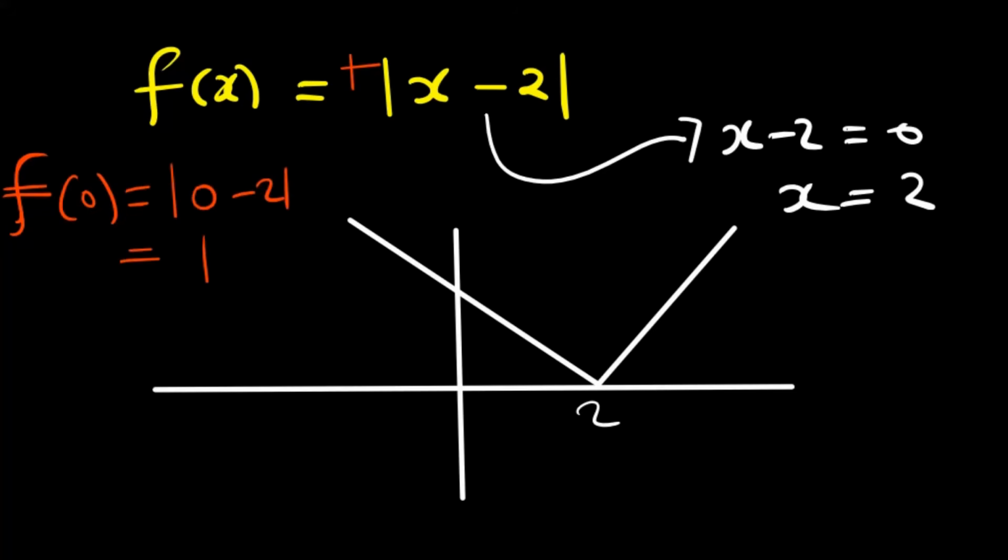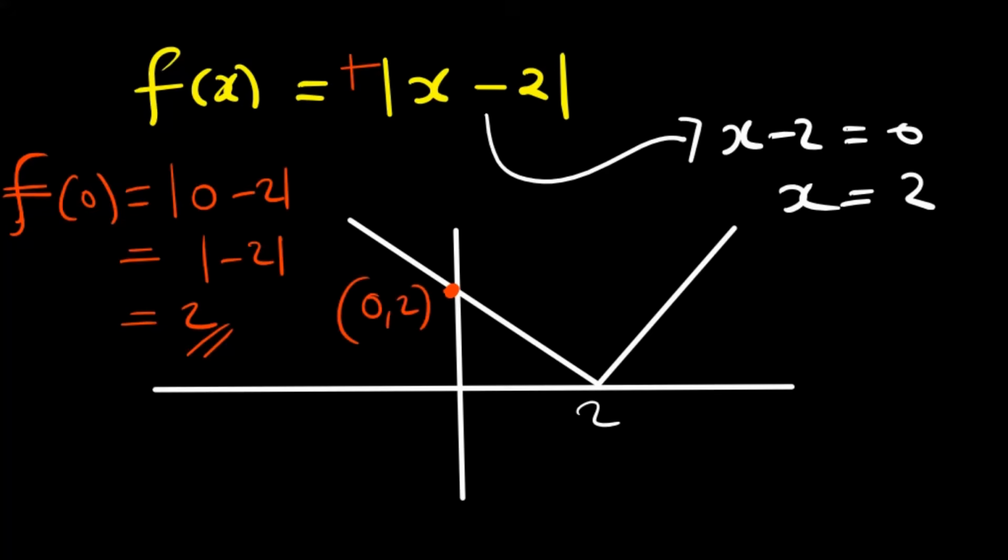Then 0 minus 2, that is minus 2. The modulus of minus 2 is 2. So the y-intercept, this point here, is (0, 2) as the y-intercept. When you have done that, you've completely simplified.